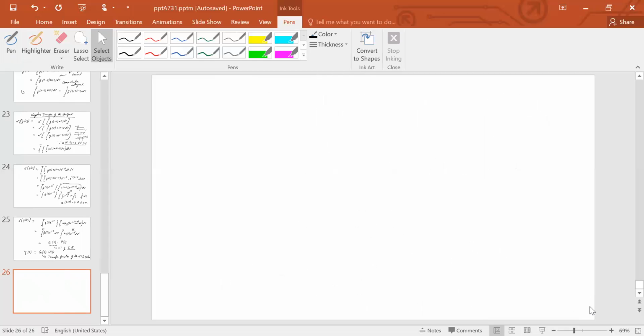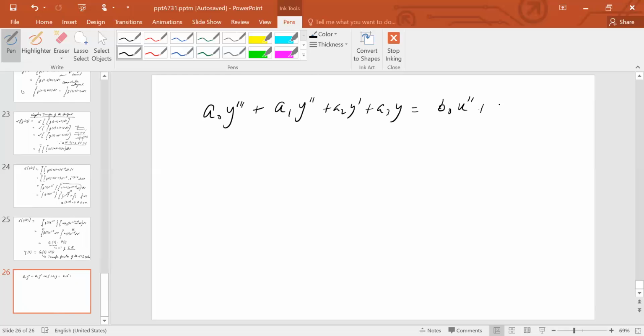So let us suppose you have a0 y triple dash plus a1 y double dash plus a2 y dash plus a3 y is equal to b0 u double dash plus b1 u dash plus b2 u.